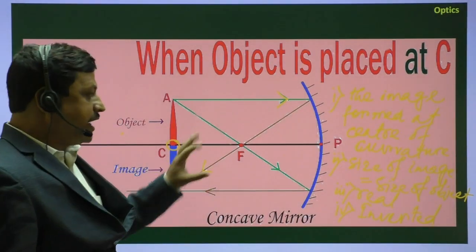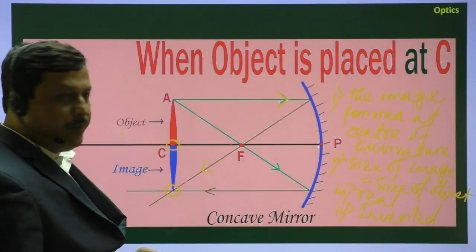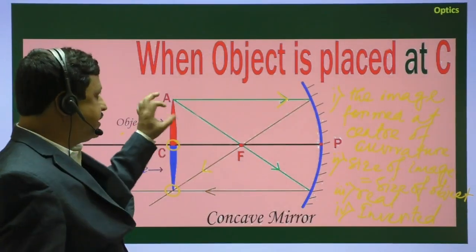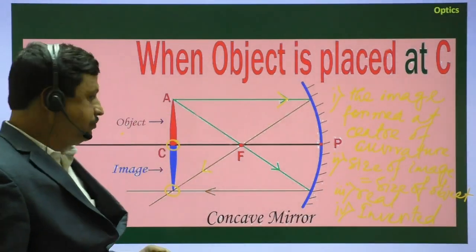Okay, this is the characteristic of image formation when the object is at the center of curvature.